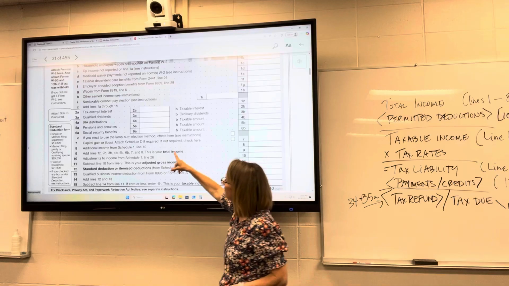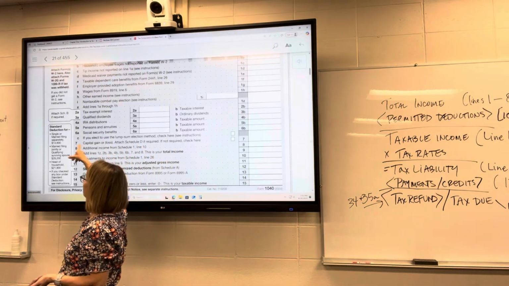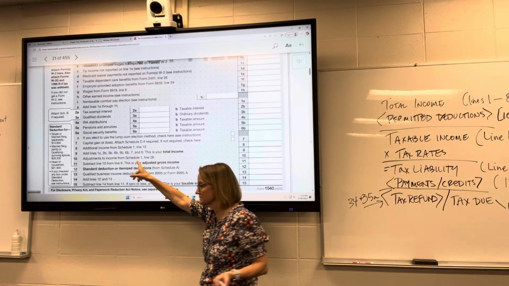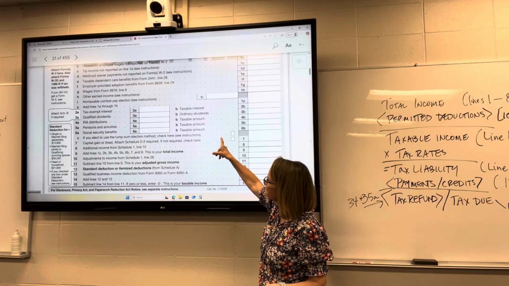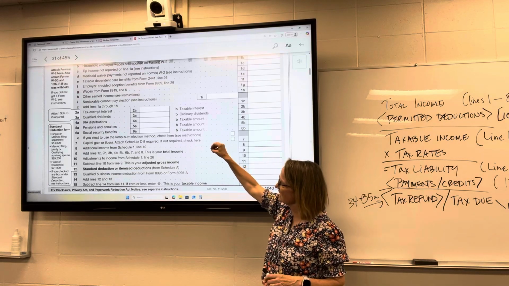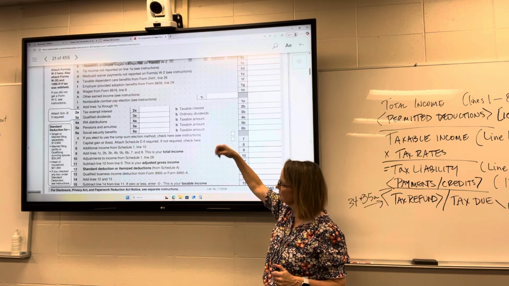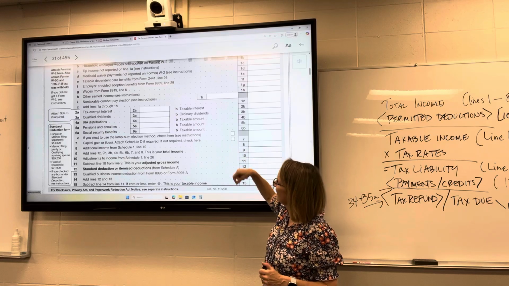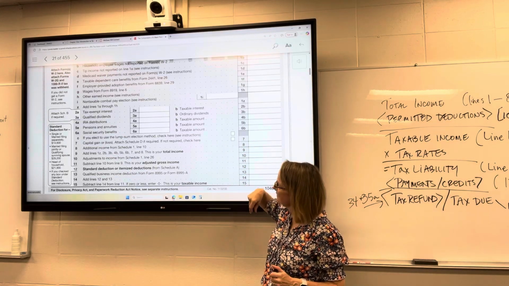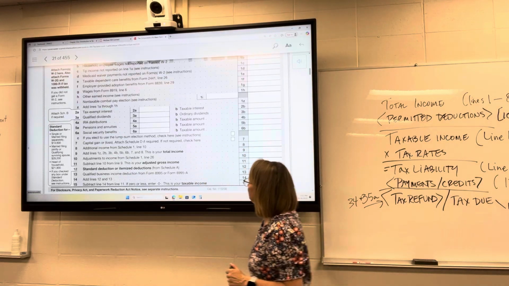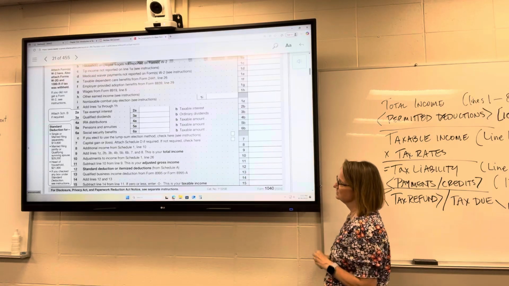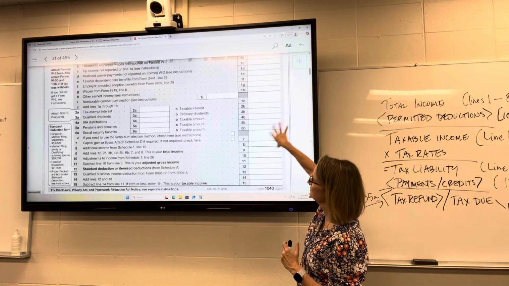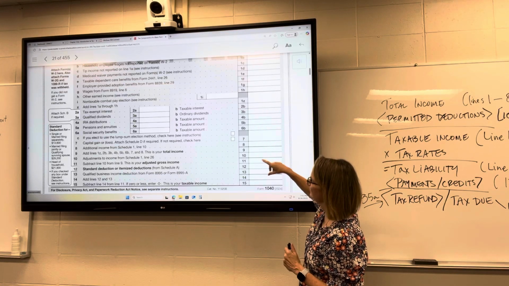Capital gains and losses, we're going to go through that in chapter 7. This is when you sell assets and you have a gain or a loss on that asset. That income or loss would go there. Additional income from Schedule 1. I'll show you Schedule 1 in just a second. It's other types of income that are not listed here. And then we've got our total income.